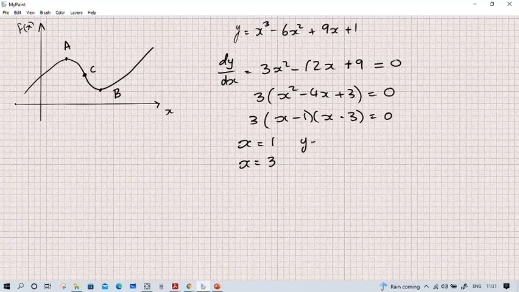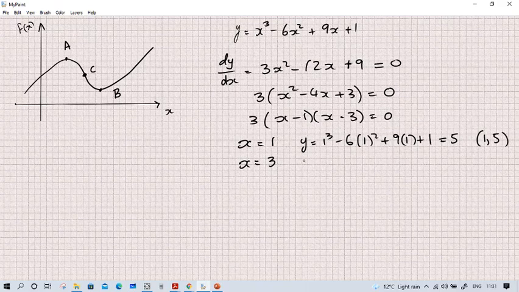When x equals 1, we have 1 cubed minus 6 times 1 squared plus 9 times 1 plus 1. So the y value equals 5, giving us the coordinates (1, 5).